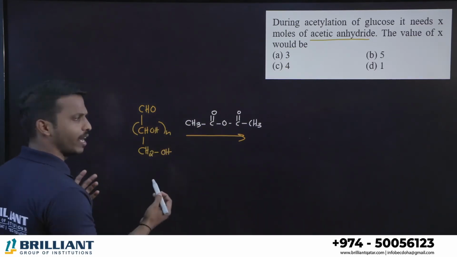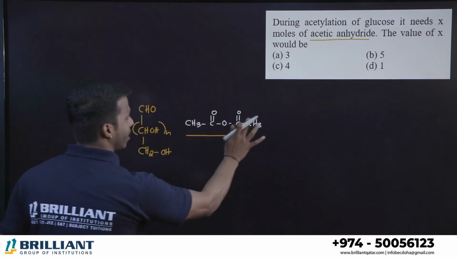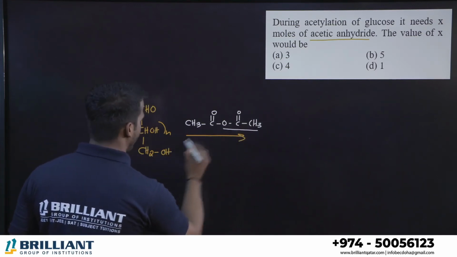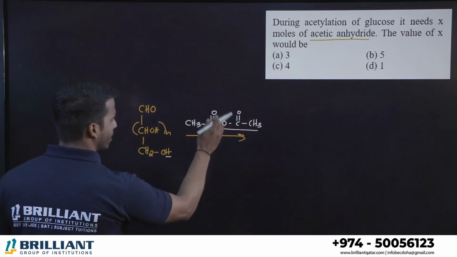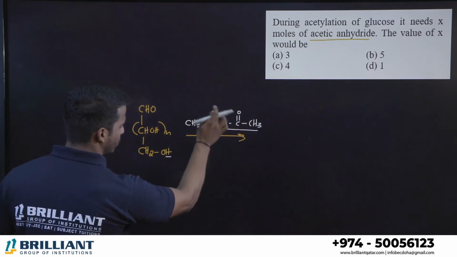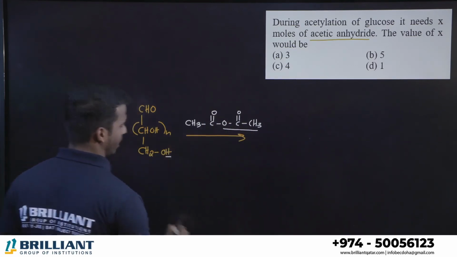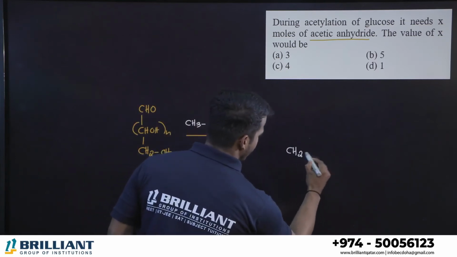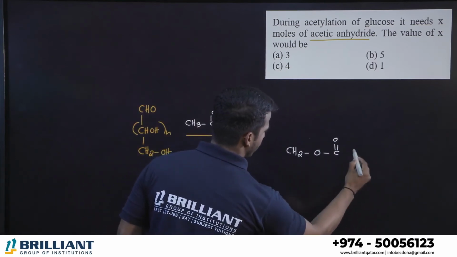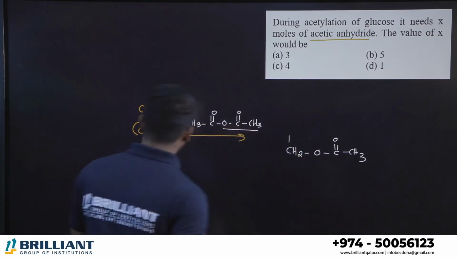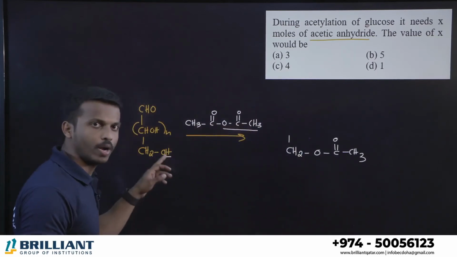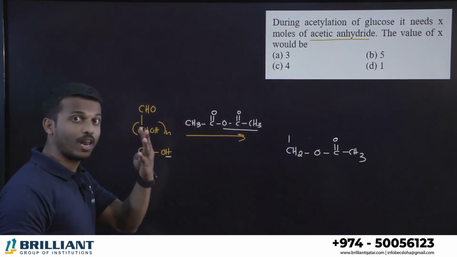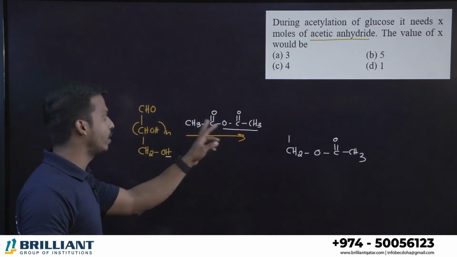So, what is the product? You may study how to write. It's very simple. The OH and this CH3COO and H are eliminated. And this acetate group, this one, the acetyl group is substituting here. You will get the product CH2O-COCH3. Because there is one alcohol, it will react with one molecule. But here there are 4 alcohols that also will react with the molecule.